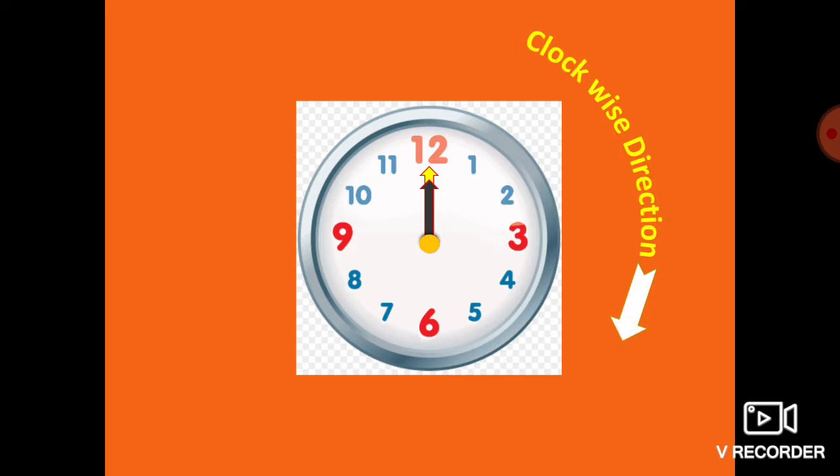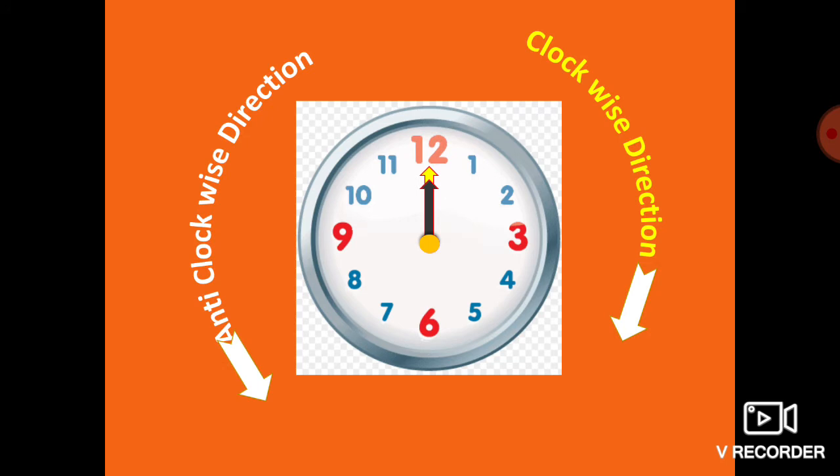This is the direction of the clock, that is clockwise direction from 1, 2, 3, 4, etc. And the opposite of this, you can see from 11, 10, 9, 8, etc. This direction is called anti-clockwise direction.